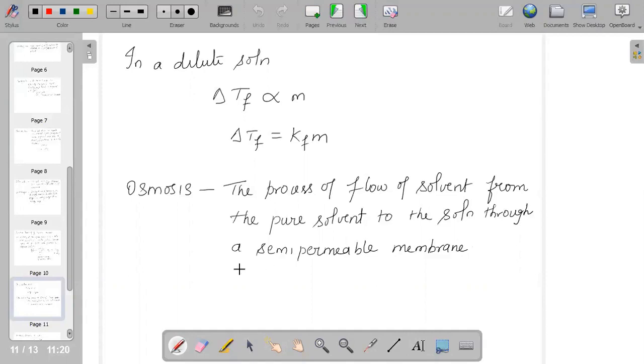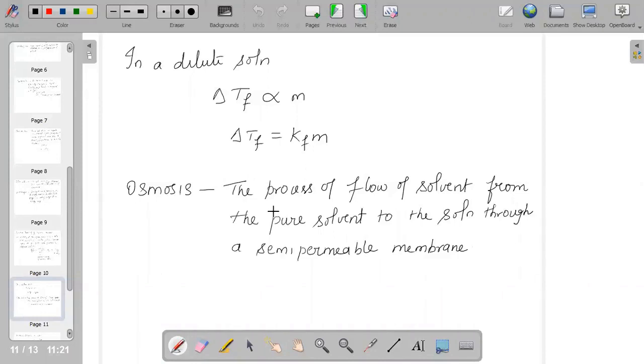Kf is the proportionality constant depending upon the nature of the solvent, and the decrease in freezing point we represent as delta TF. That is why we call Kf the freezing point depression constant or molal depression constant.